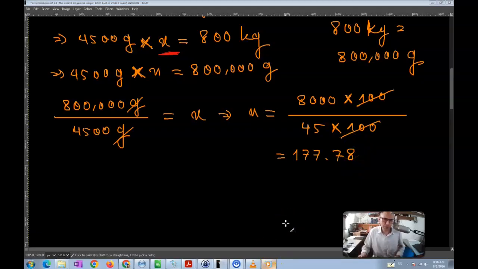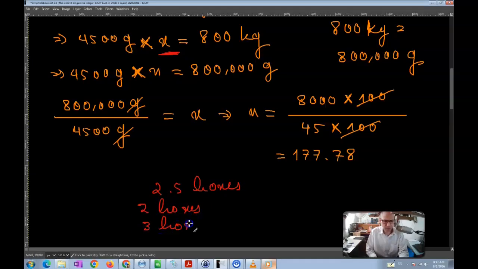But now you need to understand that there is no such thing as, for example, 2.5 boxes. You have either 2 boxes or 3 boxes. But 2.5 boxes simply does not exist. It doesn't make any sense, right?